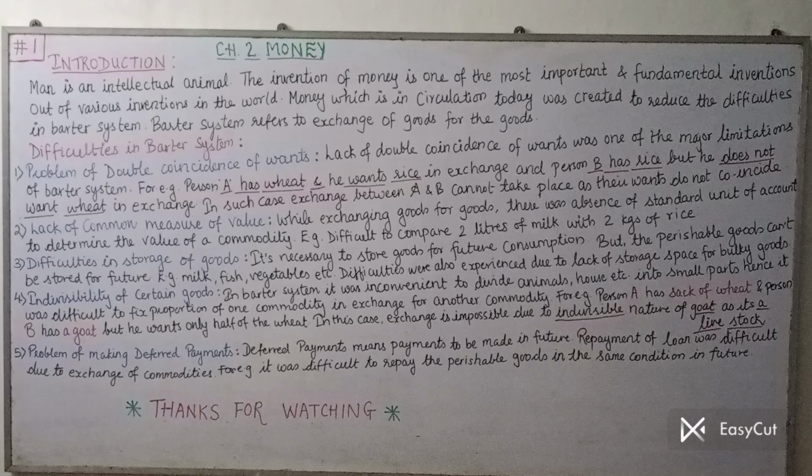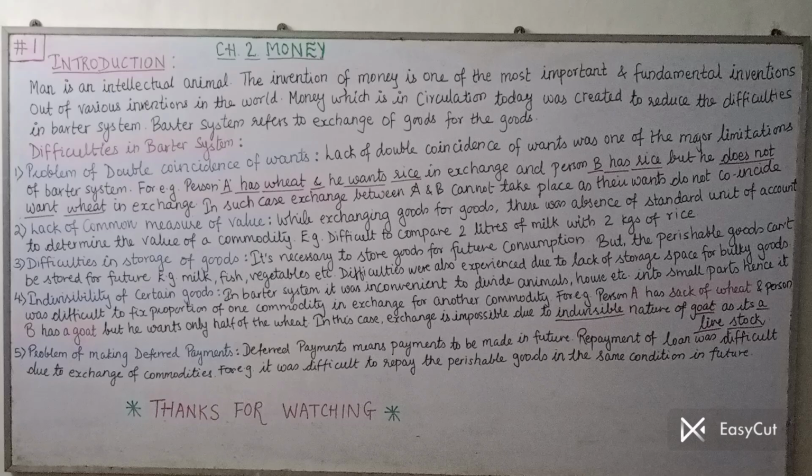Person B has a goat, but he wants only half of the wheat. That means he is not ready to take the entire sack. He doesn't require the entire lot of wheat, so he wants only half of that sack. In this case, the exchange was impossible due to the indivisible nature of the goat, because a goat is livestock.